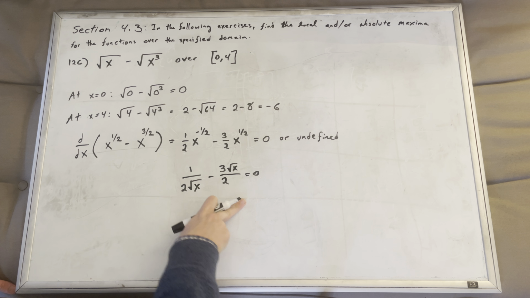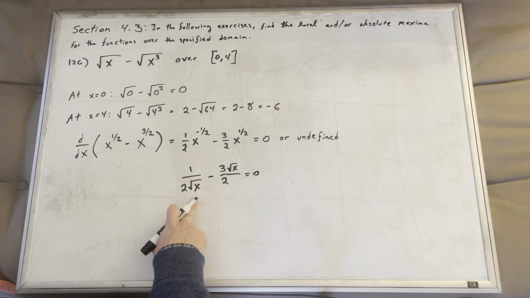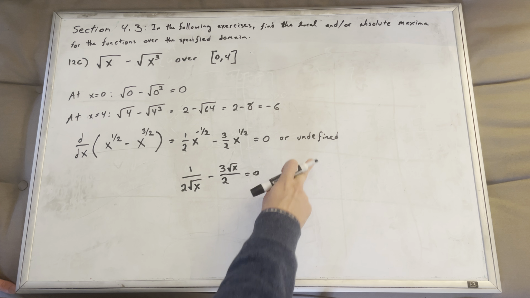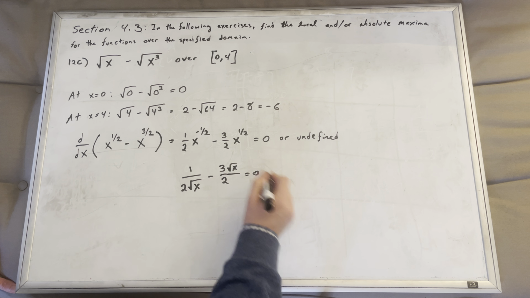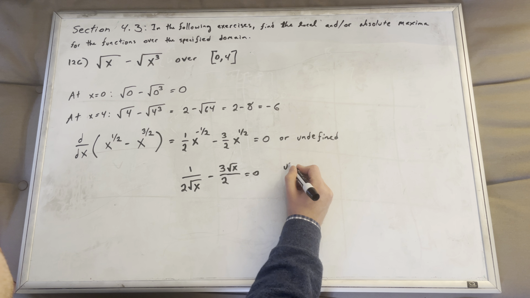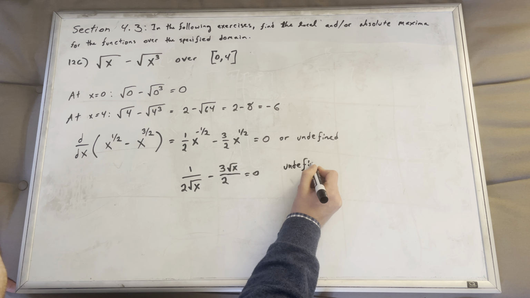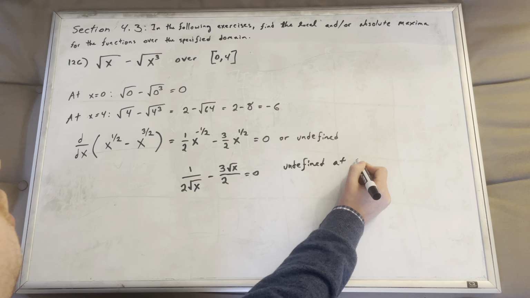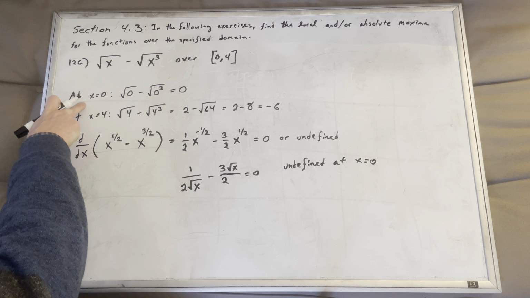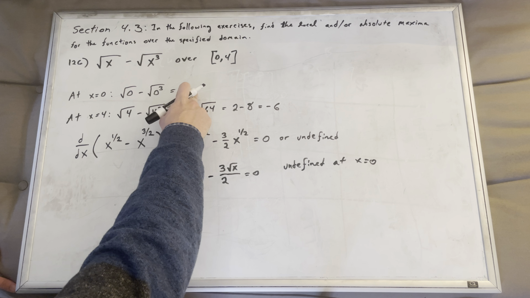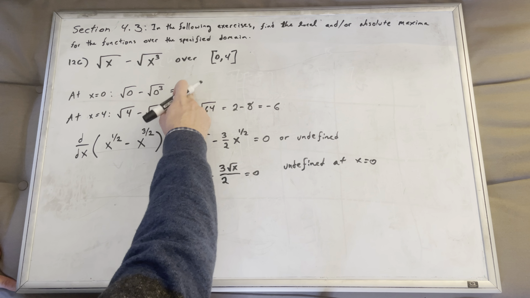Pretty clearly here, because we have a square root of x in the denominator, the first derivative is undefined at x equals 0. So this is a critical point, and we've already evaluated it. We know that the value of the function at x equals 0 is 0.